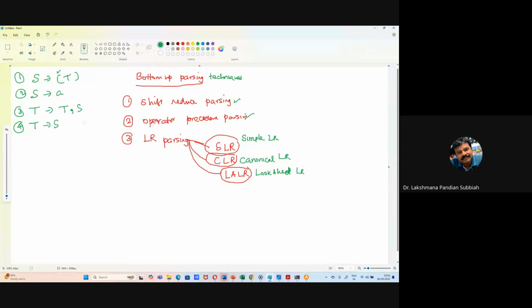So we are generating the tree from leaves to root. In top-down parsing, we have recursive descent parsing and then predictive parsing.